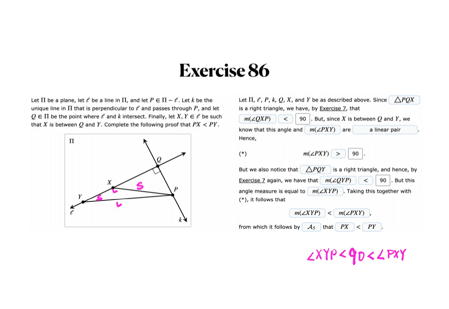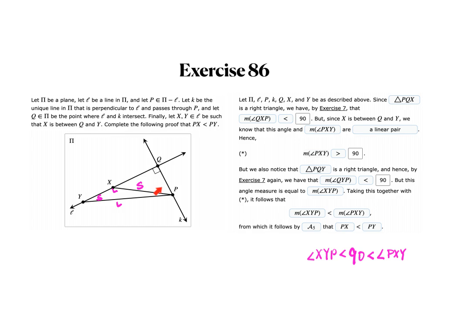So this is how we prove that XP is shorter than YP. So we're going to let L, P, K, Q, X, and Y be as described. Since triangle PQX is a right triangle, we have by exercise 7 that the measure of angle QXP must be less than 90.